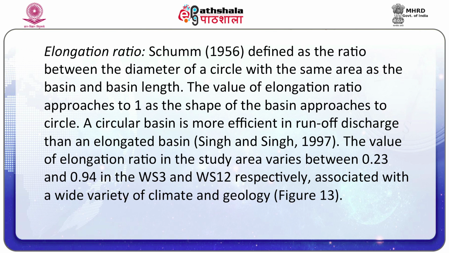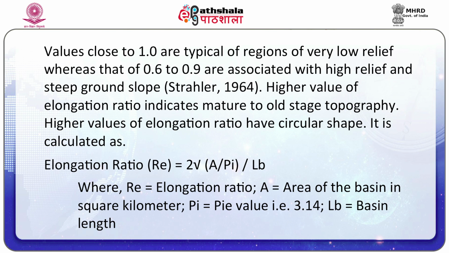The value of elongation ratio in the study area varies between 0.23 and 0.94 in watershed 1 and 12 respectively. Associated with a wide variety of climate and geology, as you can refer to figure number 13, values close to 1 are typically of regions of very low relief, whereas those of 0.6 to 0.9 are associated with high relief and steep ground slope.